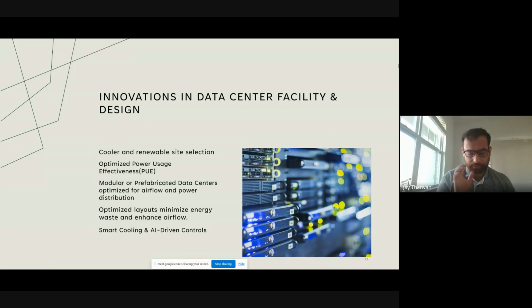Then there's a metric these cloud providers use to count how efficient a particular site is. It's called PUE, power usage effectiveness, and it's the ratio of the amount of energy used by the facility divided by the amount of energy used by the IT equipment, right.